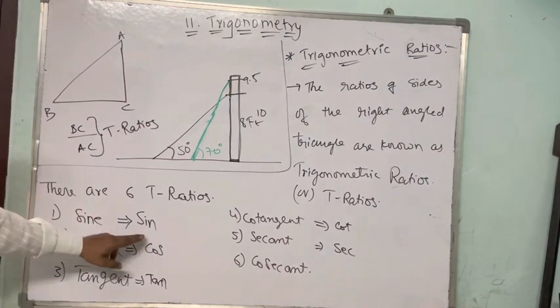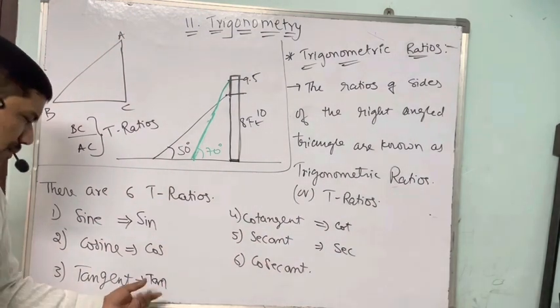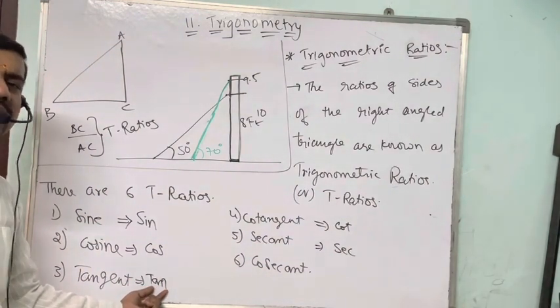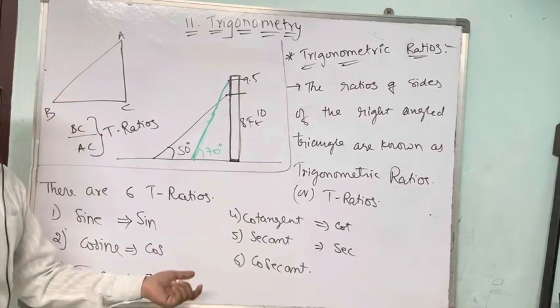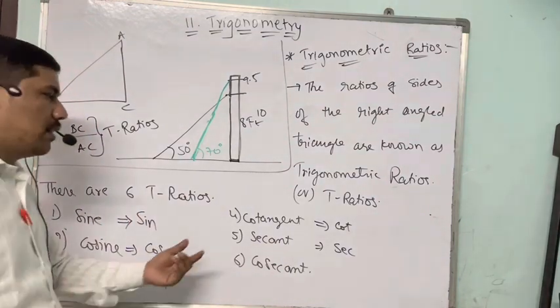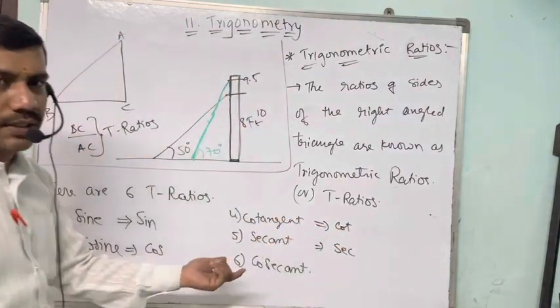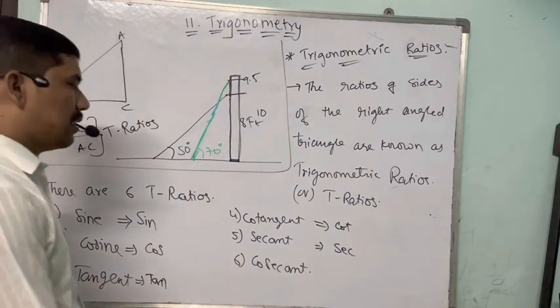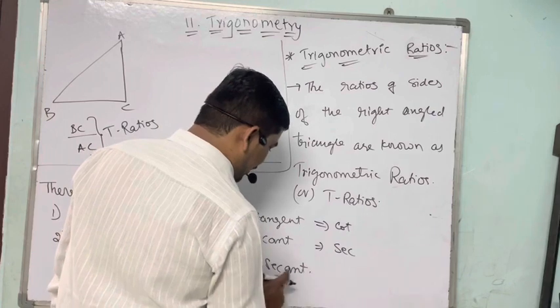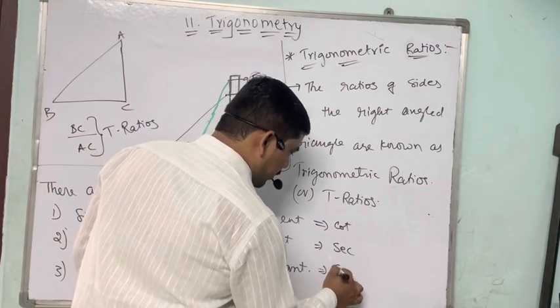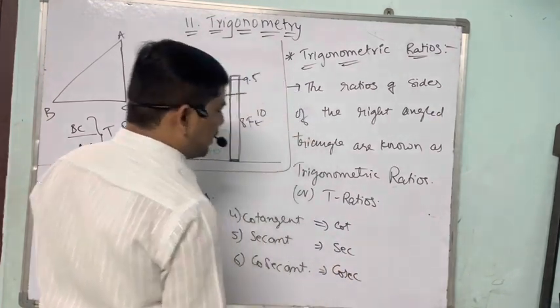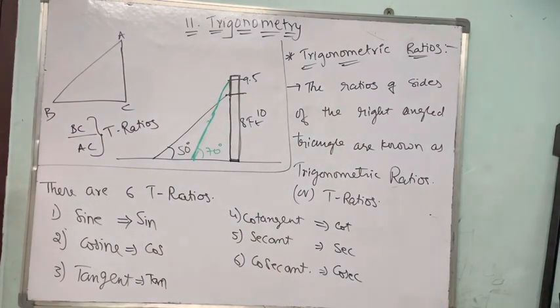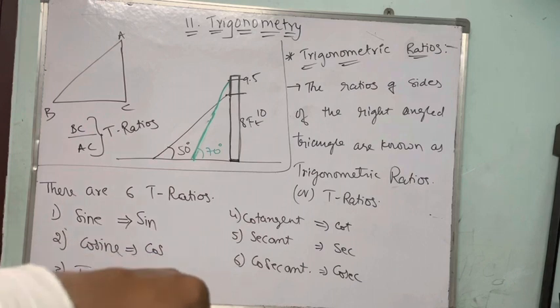Sine, cos. Here we have the habit of calling it tan; the full name also you can use, no problem. Here we call it cot; you can call it by its full name, cotangent. Secant, we call it secant only. Cosecant, we'll write like this, but we call it cosecant only. Getting my point? So these are the actual names, 6.